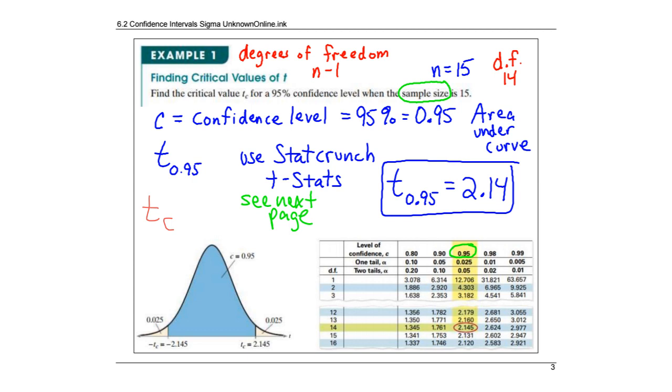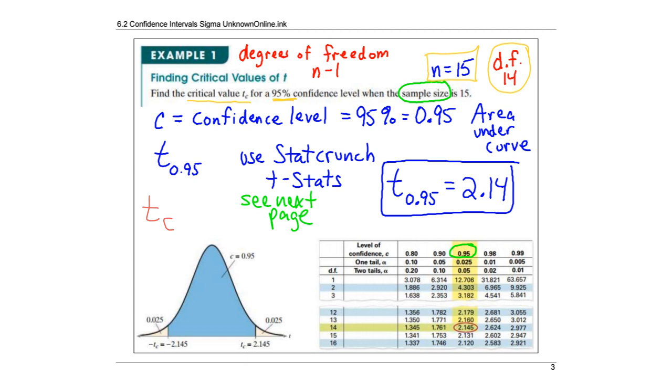So they're asking for the critical value t of c if c is equal to 95%, right? That's my confidence level. And they want the sample size to be 15. So n is equal to 15. Since our degrees of freedom is n minus 1, our degrees of freedom are going to be 14, right? 15 minus 1.